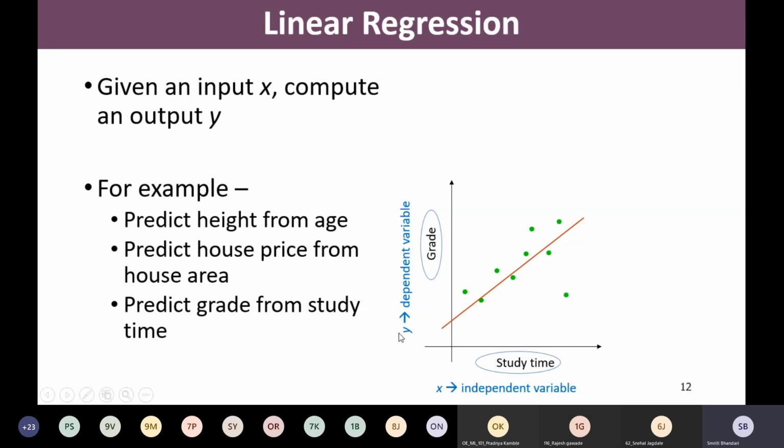So if in this simple case I have a single independent variable and one dependent variable, I can come up with one line that fits my data. And this is nothing but linear regression.